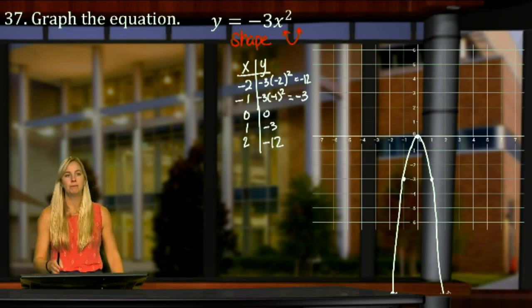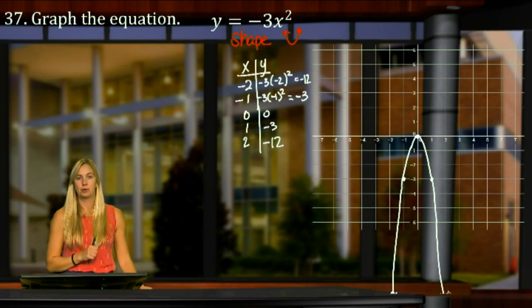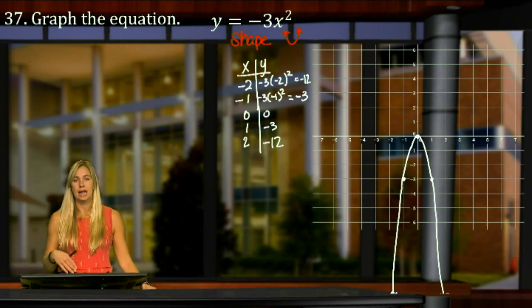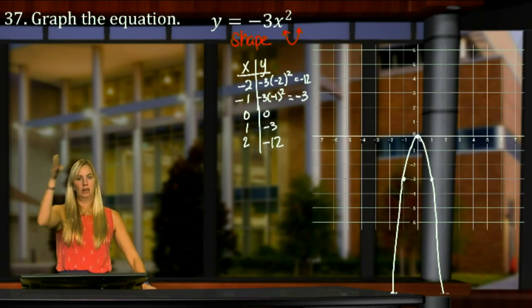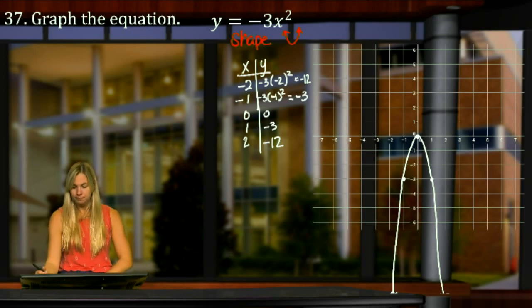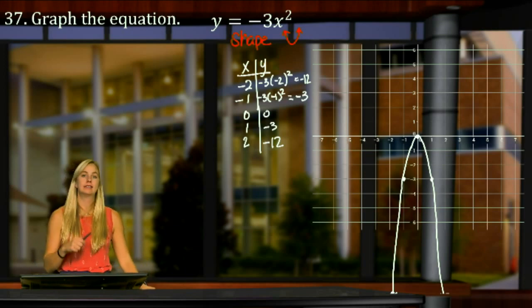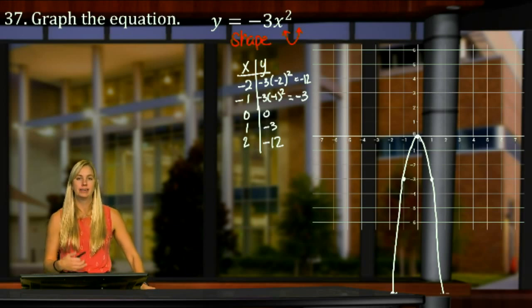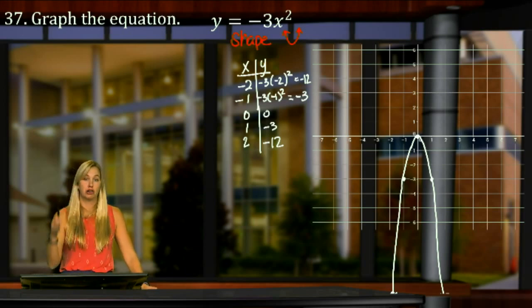We have that shape that we were expecting, that parabola, and we see that it opens down. That's okay. That's going to happen sometimes, but we do want that general shape, that kind of curve, like a U. Be very careful, guys. For a parabola, I definitely encourage you to try to plot 5 points. That'll make sure that you graph it in a curve.